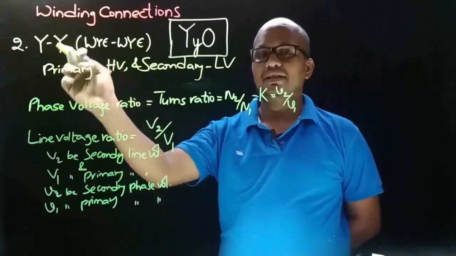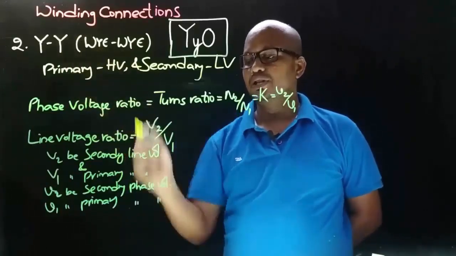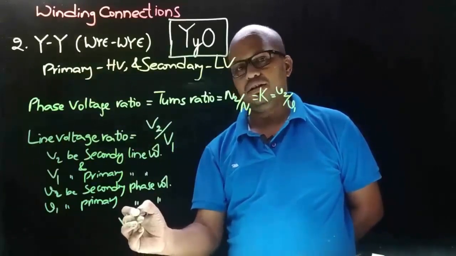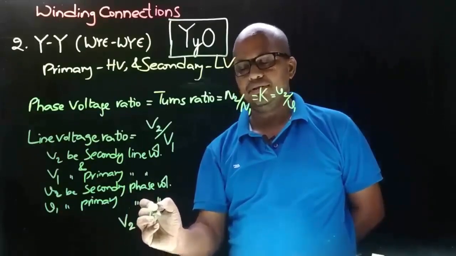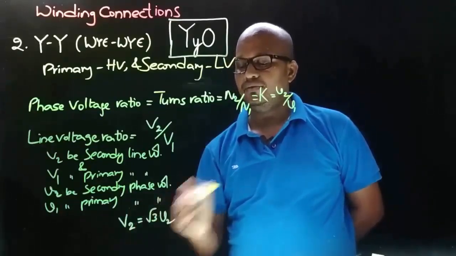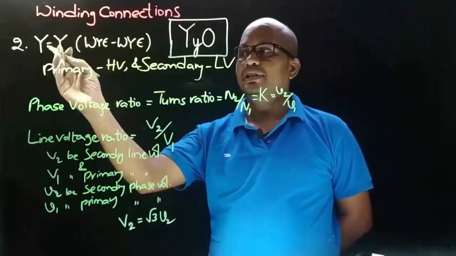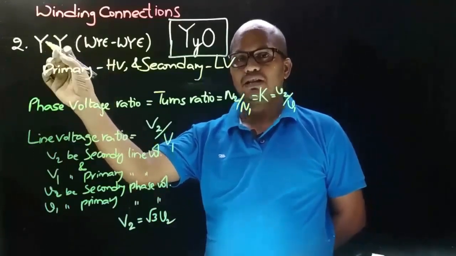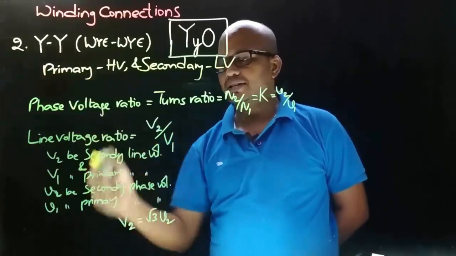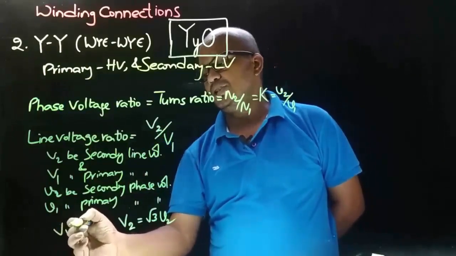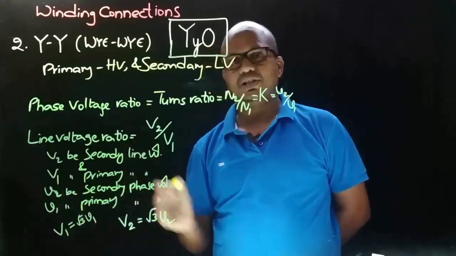And observe that the secondary side is a star connection, and the voltage relation between the line voltage and phase voltage is: V2, which is the line voltage on the secondary side, is equal to root 3 times the secondary side phase voltage. Means V2 is equal to root 3 times small v2. And observe the primary side is also a star connection, so the primary side line voltage V1 is equal to root 3 times the primary side phase voltage.